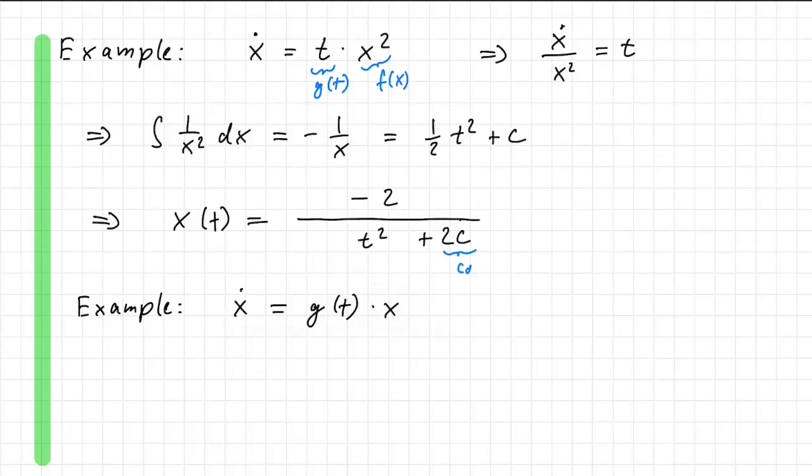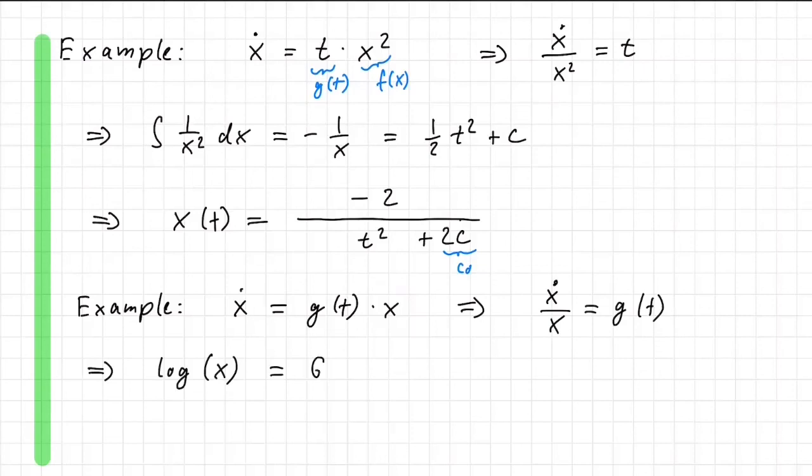So again, let's apply our trick. And we have x dot divided by x equals g of t. We need to integrate both sides. The left-hand side gives us the logarithm of x, because we have to integrate 1 over x, equals capital G of t, the indefinite integral of small g of t, plus a constant.